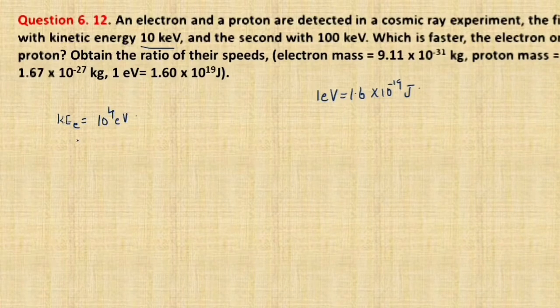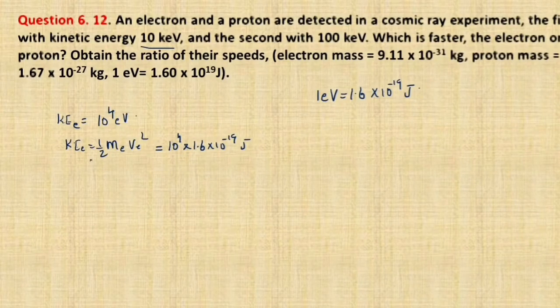So kinetic energy of the electron is equal to half into me into ve square, mass of the electron and velocity of the electron squared. And that is equal to 10 to the power 4 electron volt. We can convert electron volt into joule by multiplying by 1.6 into 10 to the power minus 19 joule.